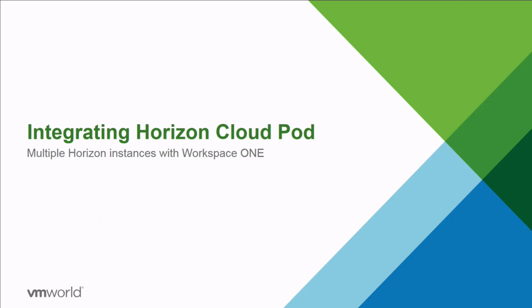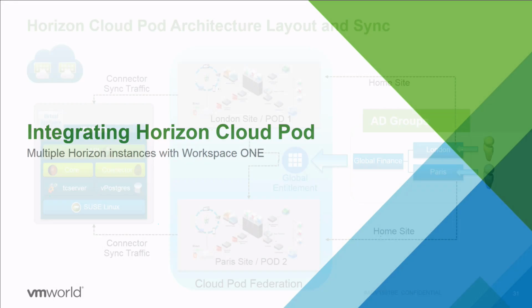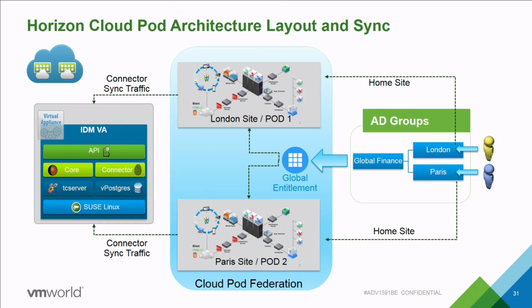Okay, one other thing that we can do now with Workspace ONE is when we are using Horizon Cloud Pod. Can you tell us more what's a Horizon Cloud Pod? Yeah, who's familiar with Horizon Cloud Pod architecture? Oh, quite some people. So for those who aren't aware of it, Horizon Cloud Pod architecture was introduced in Horizon 6, basically to support really big environments that exceed the 10,000 desktop limit.